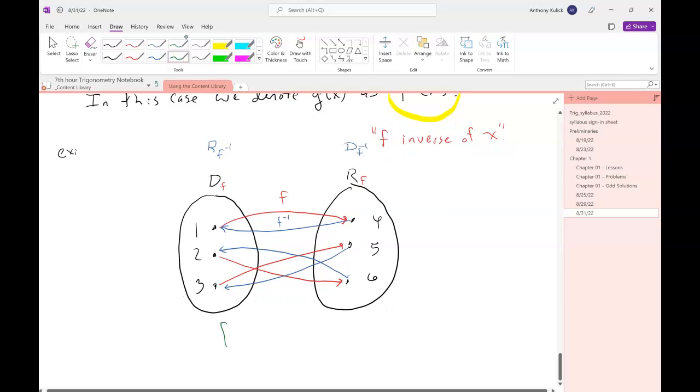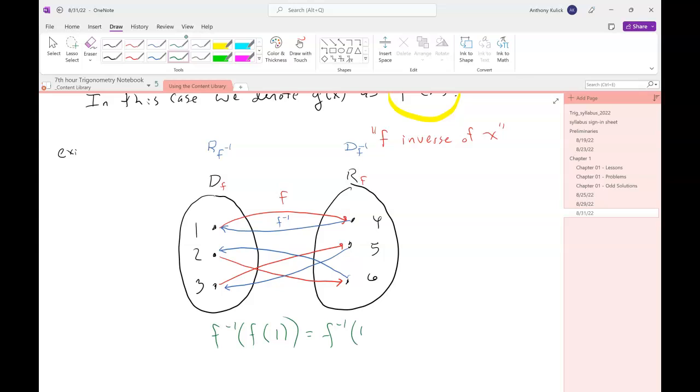So what we're saying is f inverse of f of 1. Well, what did f do to 1? Turned it into 4, right? And what does f inverse of 4 do? Sends it back to 1.